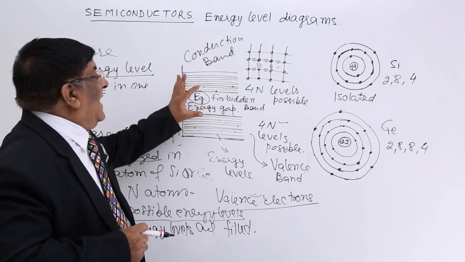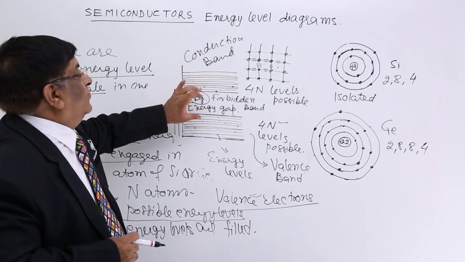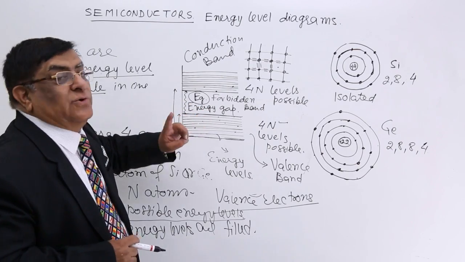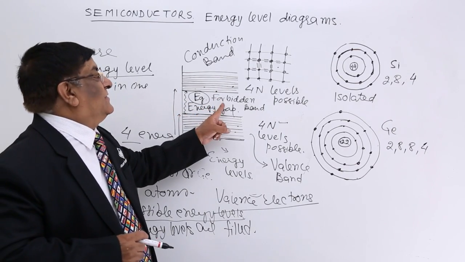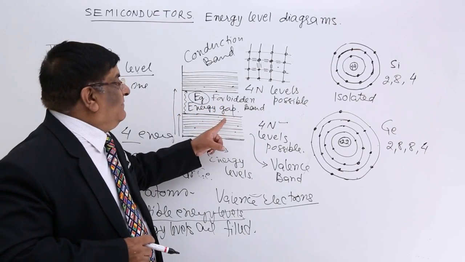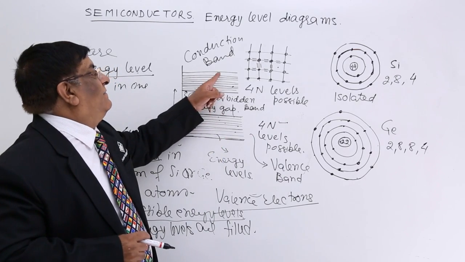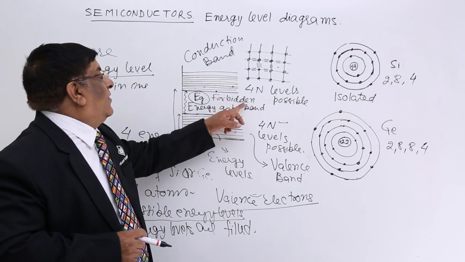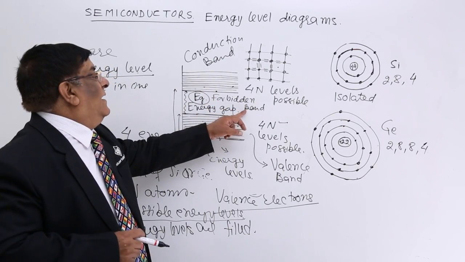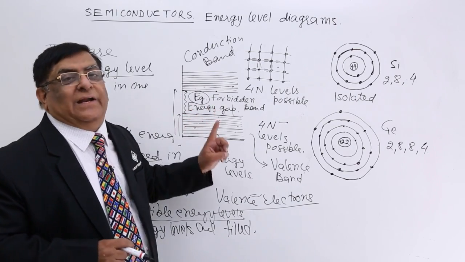There is a blank space between the two because no electron possesses this much energy. Either they have this lower energy or they have this higher energy, so we call it the forbidden band. This gap is known as the energy gap.